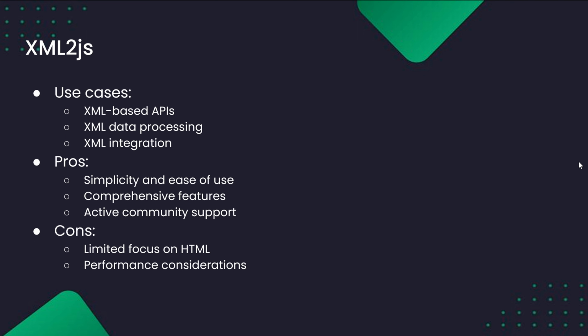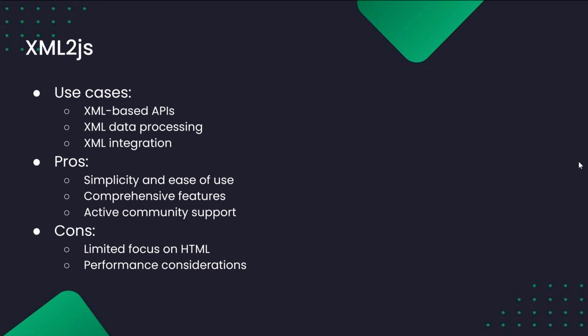For XML data processing, if your project involves processing and transforming XML data, XML2JS provides a convenient way to parse XML documents and convert them into JavaScript objects for further processing. And XML integration. XML2JS facilitates integration with XML-based systems and tools, allowing you to work with XML data more efficiently within the Node.js ecosystem.